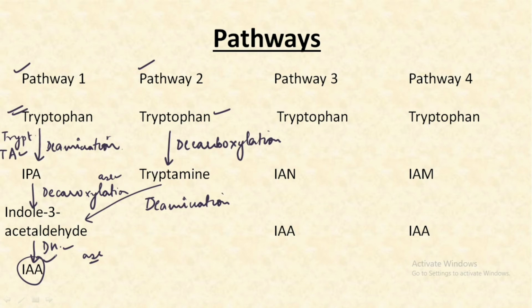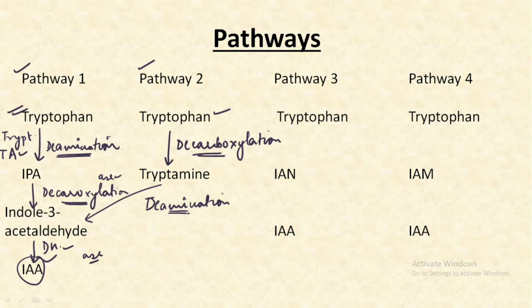Make sure you remember that in the first pathway we have deamination and then decarboxylation, but in the second case we have first decarboxylation and then deamination. It is a bit confusing, but make sure you remember this.